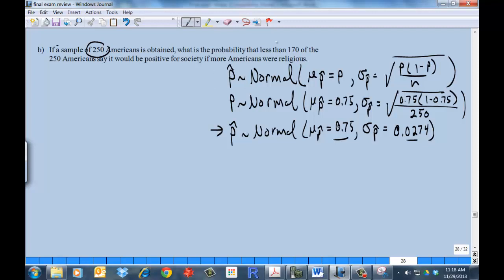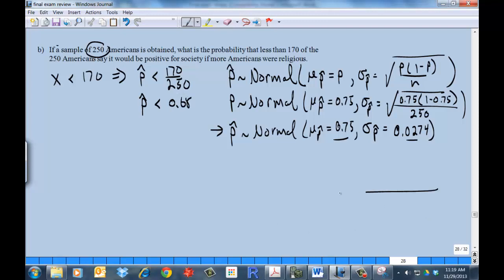What's the probability that less than 170 of the 250, so x less than 170, is the same thing as saying p hat is less than 170 over 250, or p hat less than 68%.